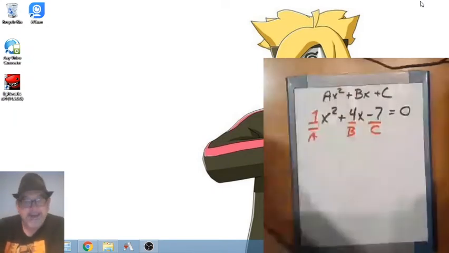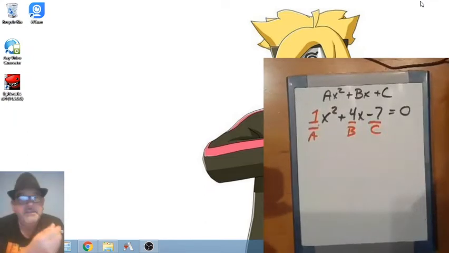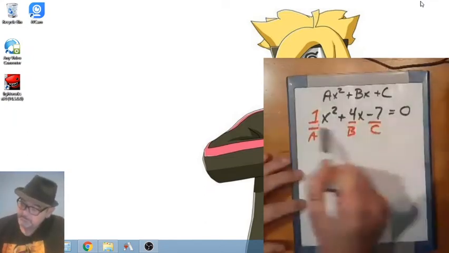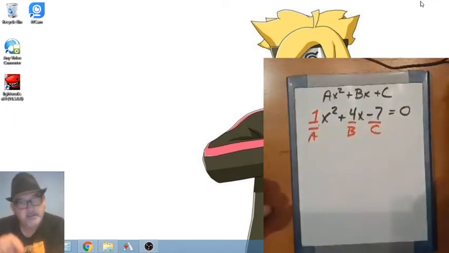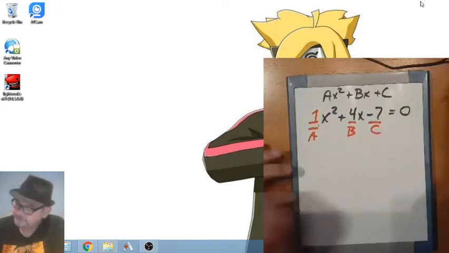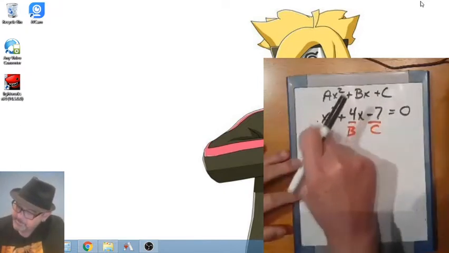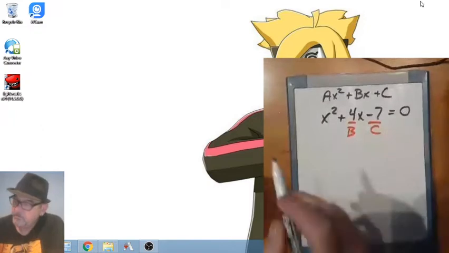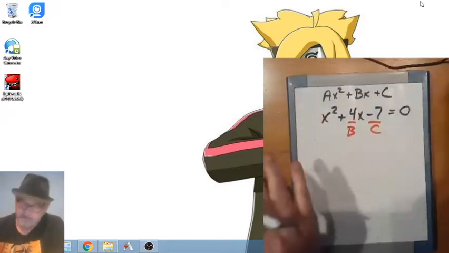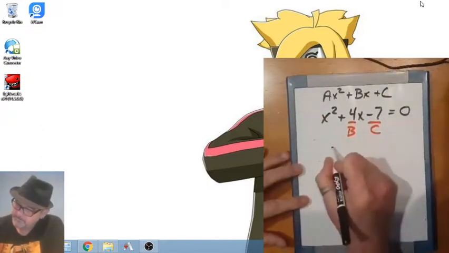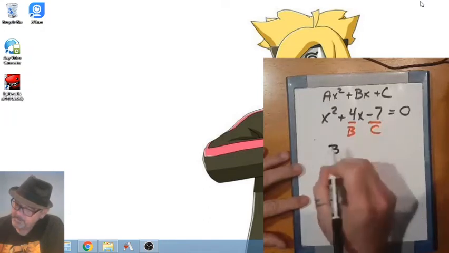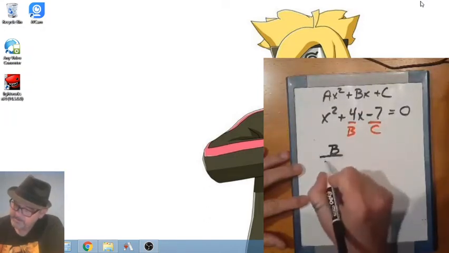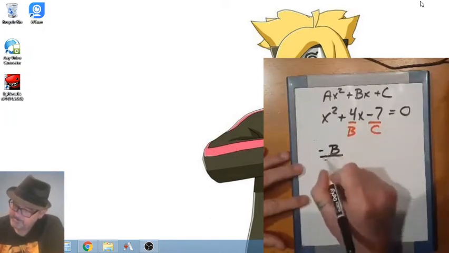So to find the vertex of this equation, to find that lowest point, I'm going to erase this, we don't need that right there. We use this formula. It's a little fraction. Negative b divided by 2a.